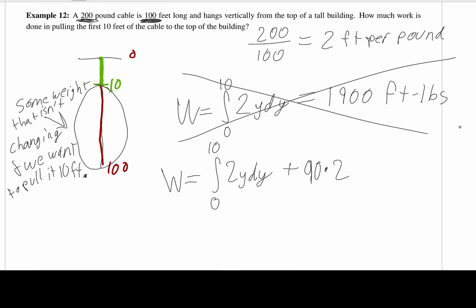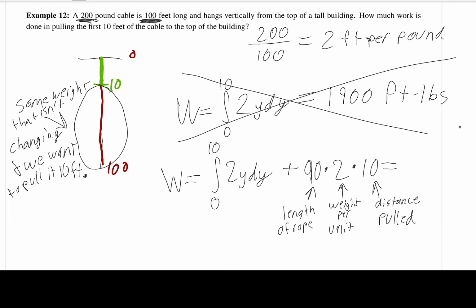So 90 times 2 times the distance that we have to pull it, which is 10. Right? So remember, this is our length of rope. This is our weight per unit. And this is our distance pulled. Right. And this will give us a total of 1900 foot-pounds.